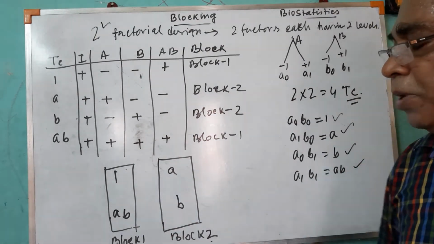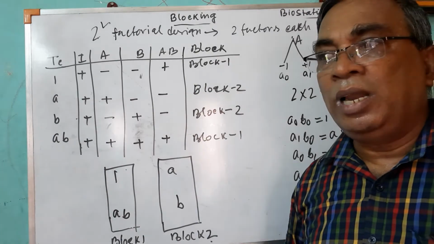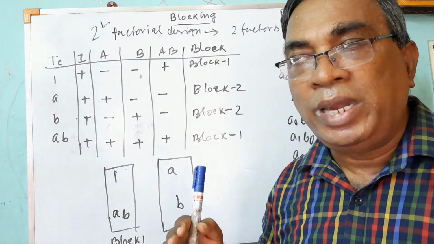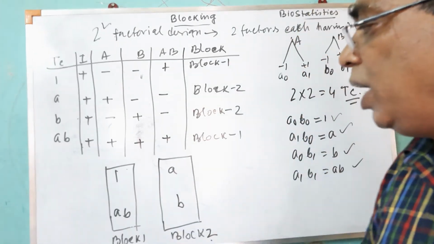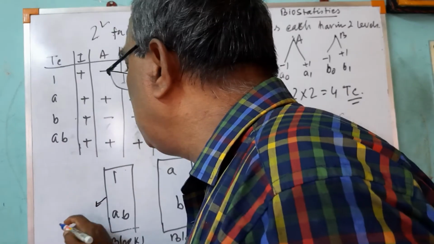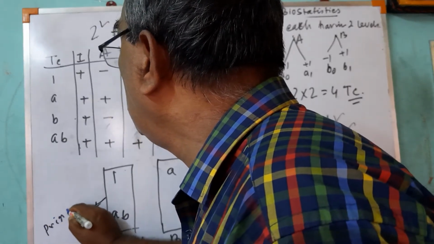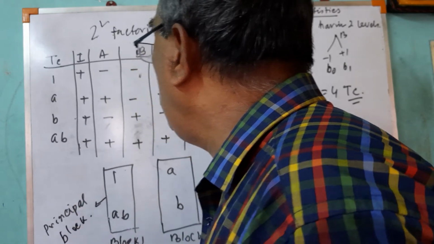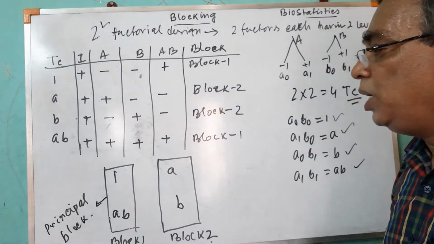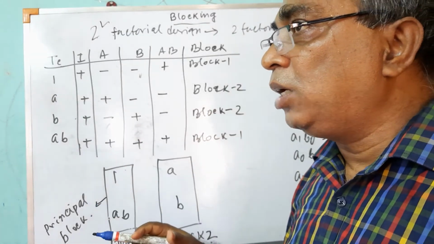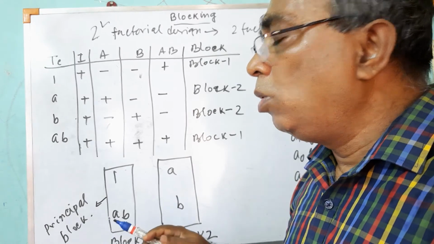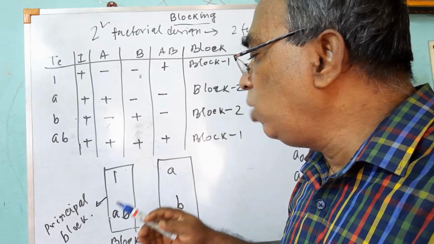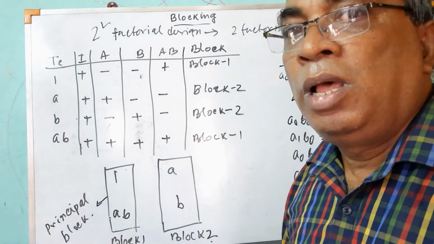The block which contains the treatment combination 1 is known as the principal block. What is the principal block? That means the block in which the treatment combination 1 is contained, that block is known as the principal block.